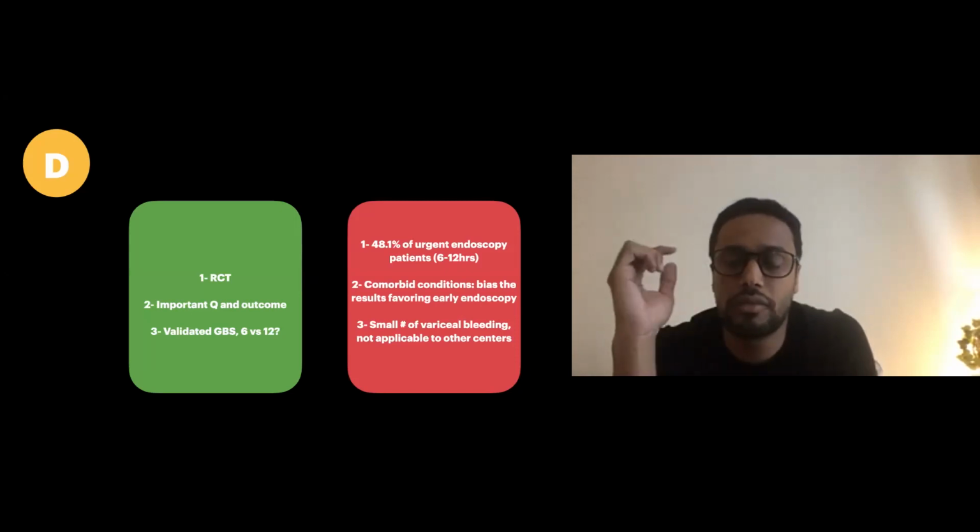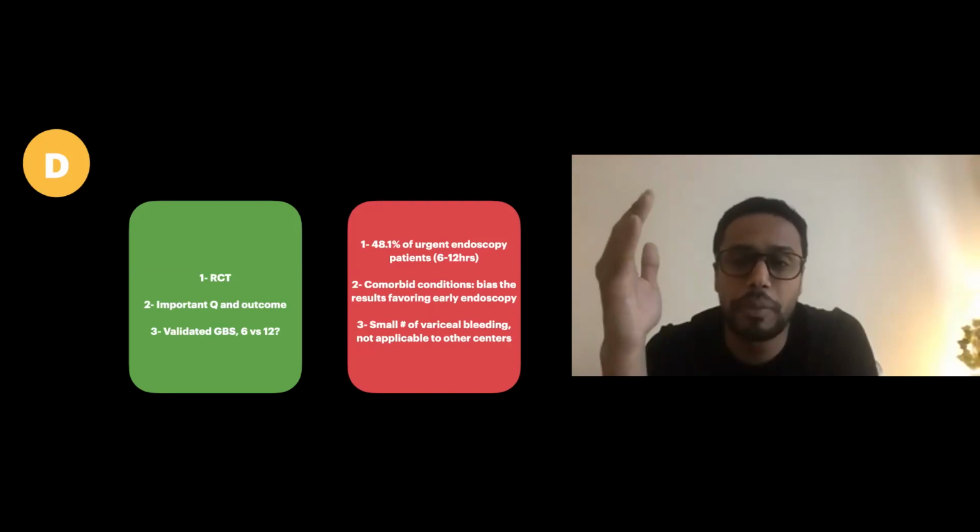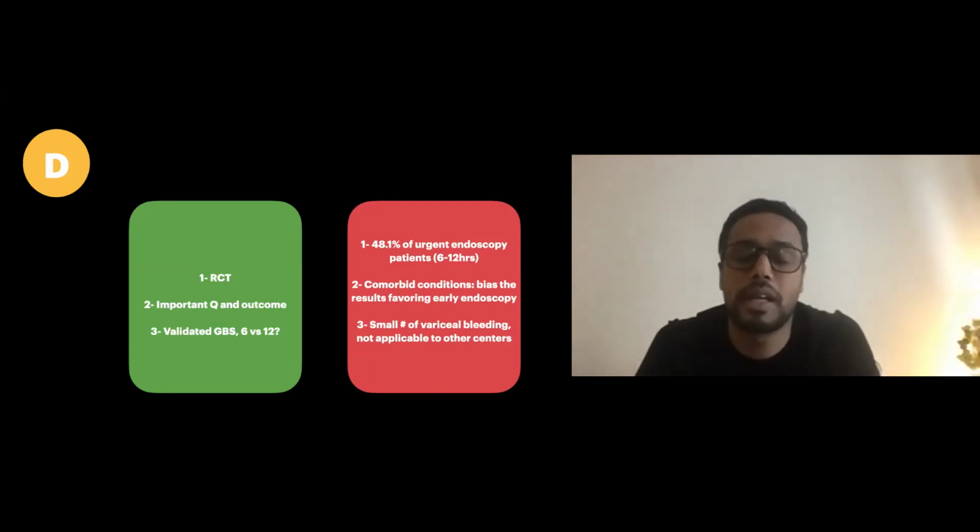As I mentioned, 48% in the urgent group received the endoscopy after 6 hours from their presentation. Also, their comorbid conditions were more in the urgent group, and the number of variceal bleeds was low in both groups, which might not be applicable in other centers.